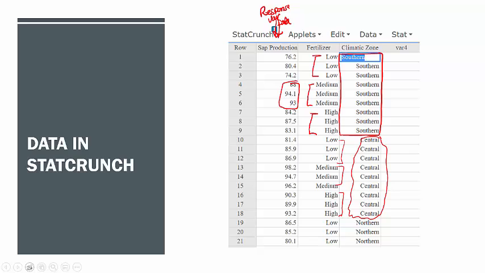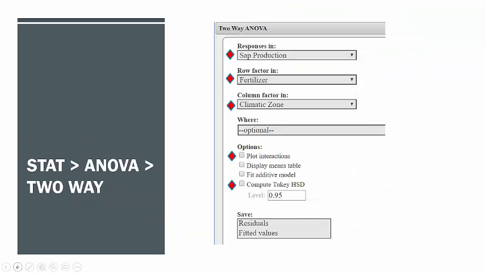And so then when you want to go to Stat, ANOVA, two-way, you've got your data in StatCrunch. Now you want to actually ask it to do the analysis. You hit Stat, ANOVA, two-way, and this is what the input box looks like. These are your inputs.